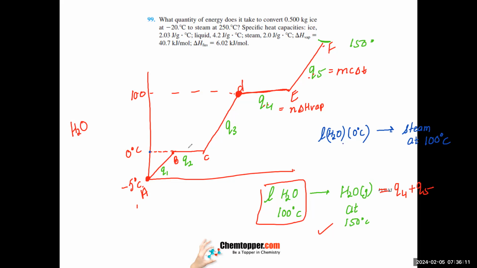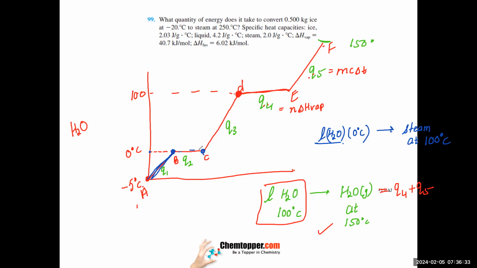So liquid water is B or C? Remember, B is solid.